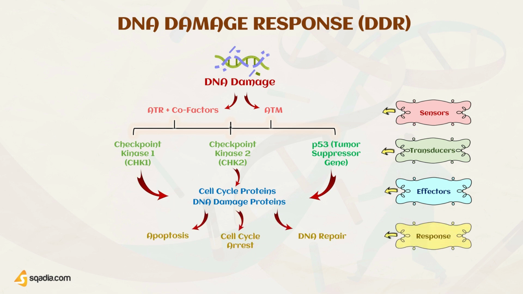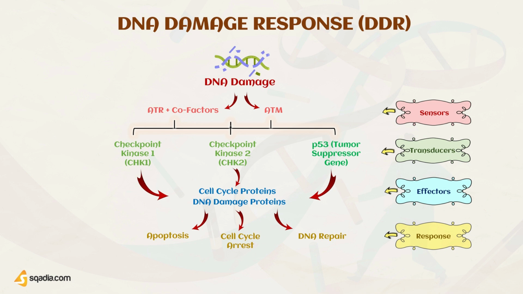So, DNA repair mechanisms are activated. Now, if DNA is successfully repaired, the cell cycle resumes. But if DNA is not repaired, the cell undergoes apoptosis, or cellular senescence, to prevent propagation of damaged DNA.